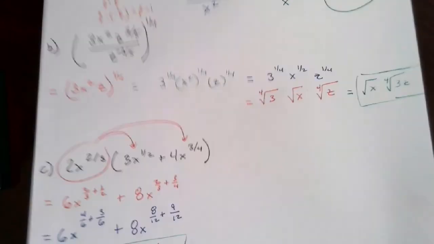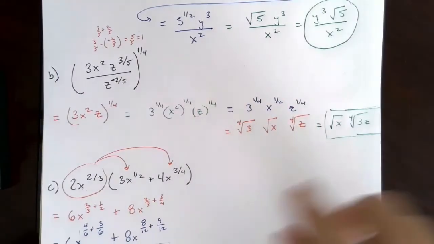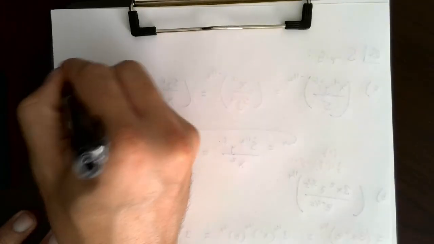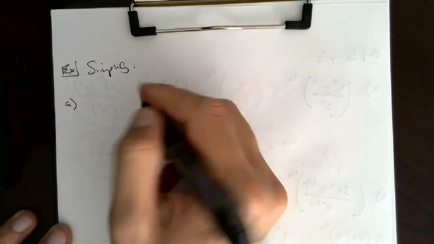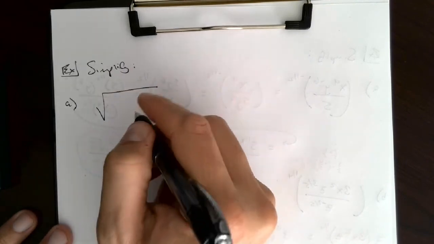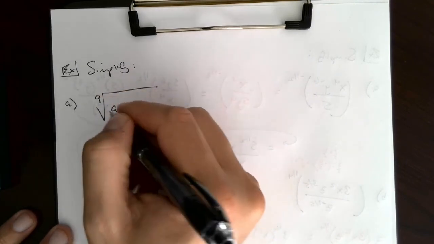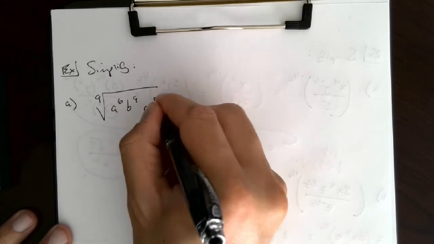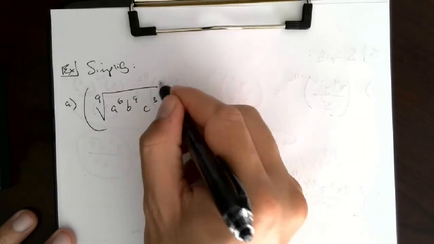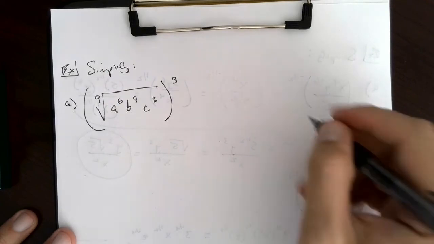Let's just take a look at a couple more. I just wanted you to see that previous one just to make sure you understood how to distribute through and then combine the exponents. Let's take a look at just 2 more. You may want to try these 2 on your own. If I said to simplify, and the first one here I'll put is the 9th root of a to the 6th, b to the 9th, c to the 3rd, and that's all raised to the 3rd power.